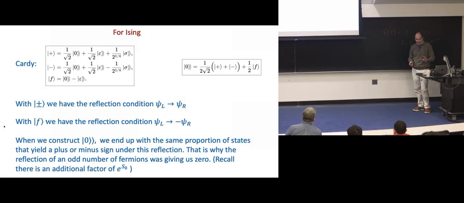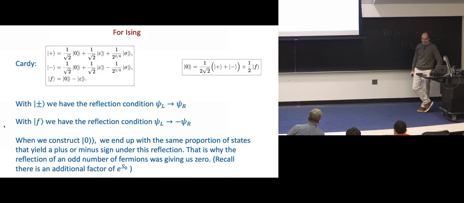Now, recall that we have a black hole with a big S0. So what that means is that, for example, in this case of Ising, it's not that we have just one of these Cardy states, but we have this particular superposition, with this whole thing multiplied by e to the S0. So we have e to the S0 of each of these guys, in roughly this proportion with the square roots and so on.